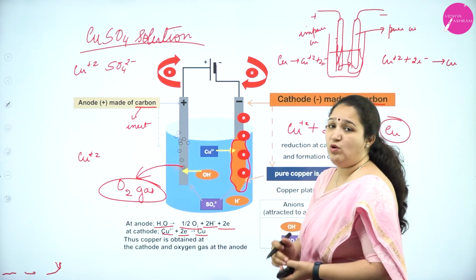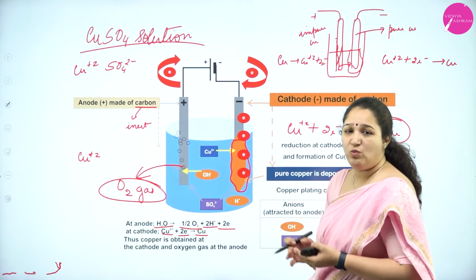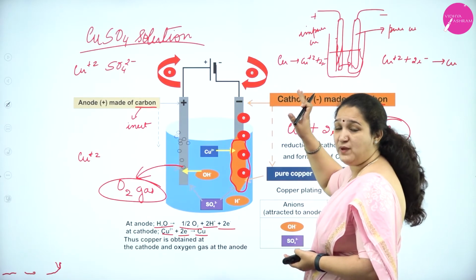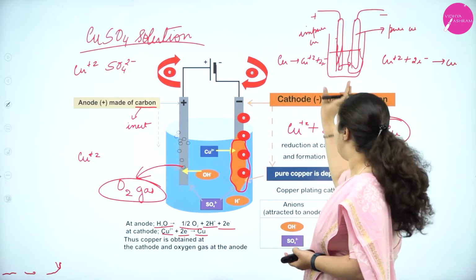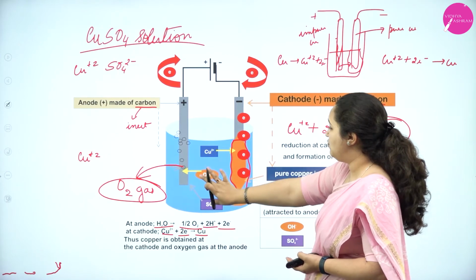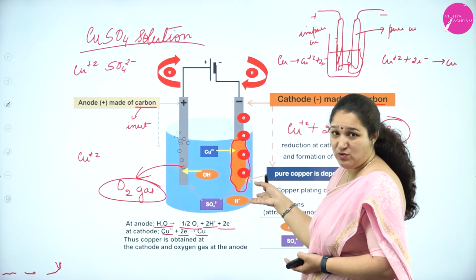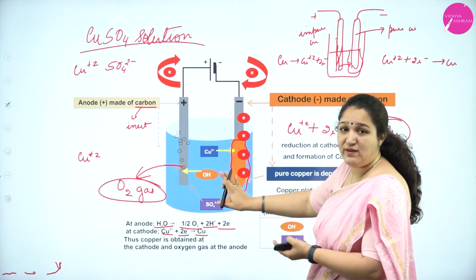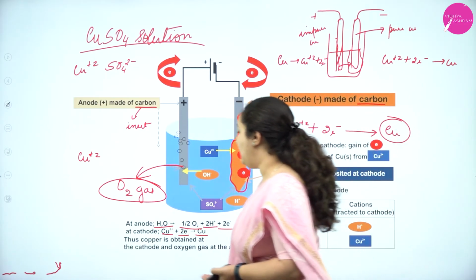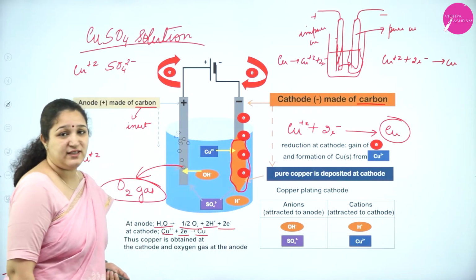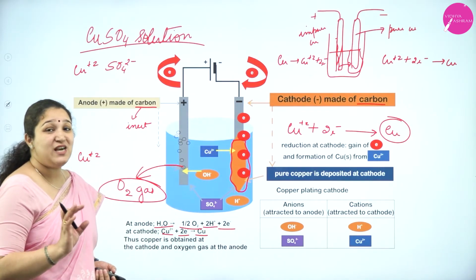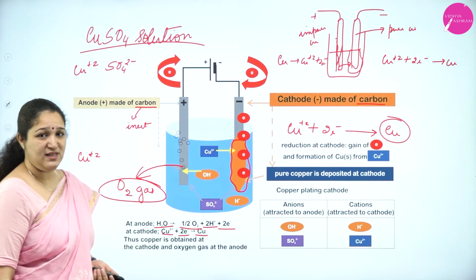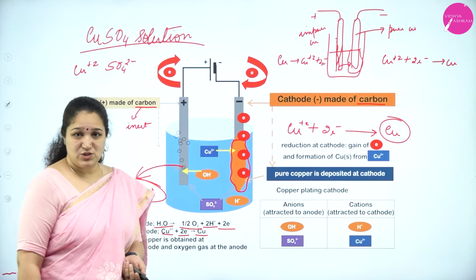There was no role of sulfate ions or water molecules. That's all there was when we used impure copper electrode and pure copper electrode. Whereas for the same copper sulfate solution, when the electrode was changed, you can see at the cathode only deposition of copper metal is happening, but at the anode oxygen gas started getting liberated. So change in electrode also will change the products formed. Yes, I hope you have understood this.